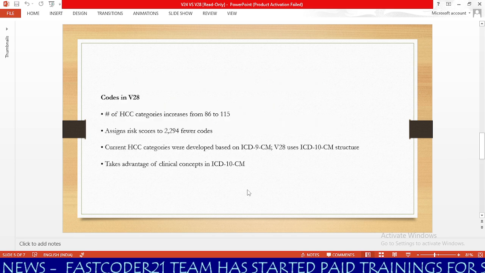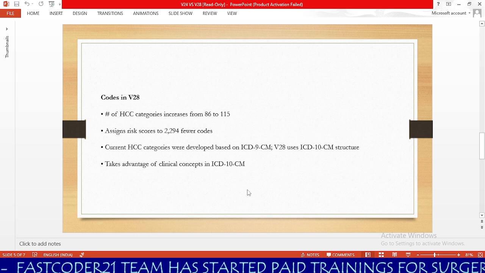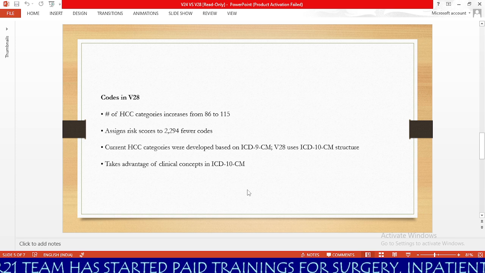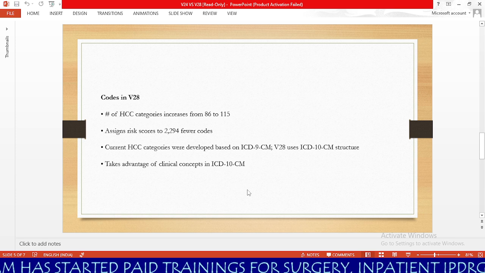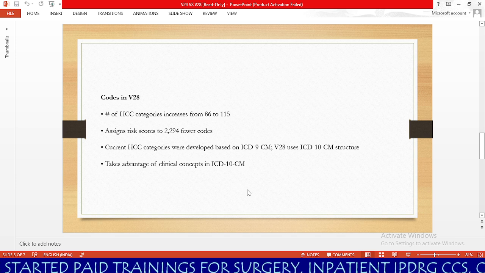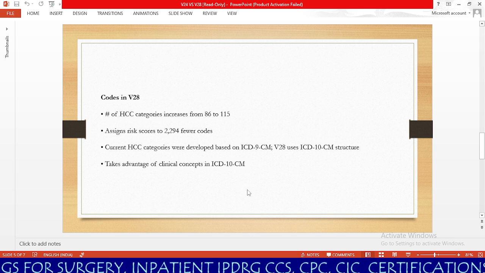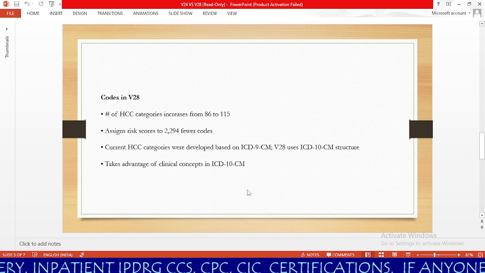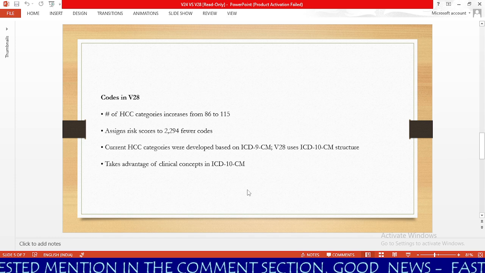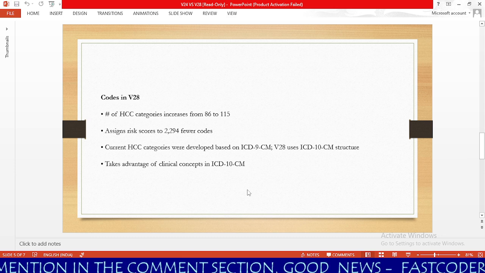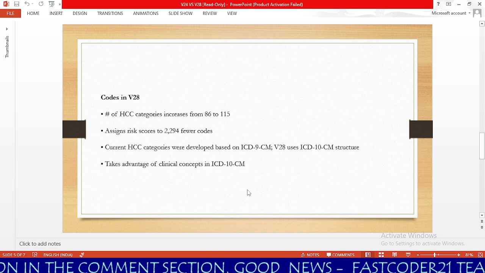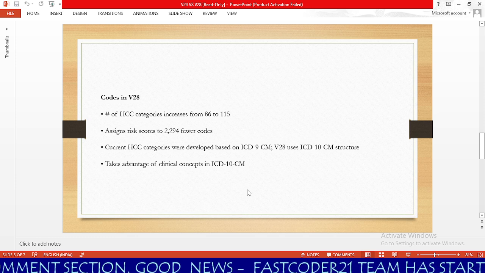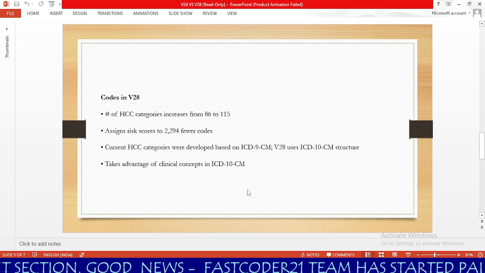Codes in version 28. The number of HCC categories increased from 86 to 115 in 2024. In the 2020 version, we have only 86 HCC categories. In 2024, we have assigned risk codes to 2294 codes. And we also know that HCC categories were currently developed based on ICD-9-CM, but version 28 is based on ICD-10-CM.